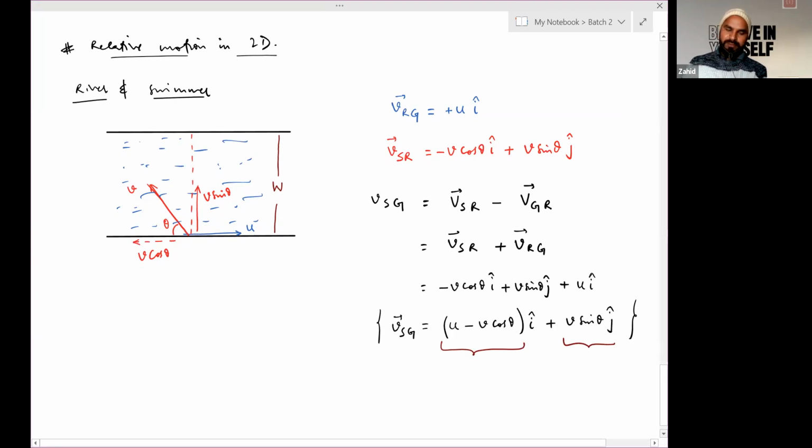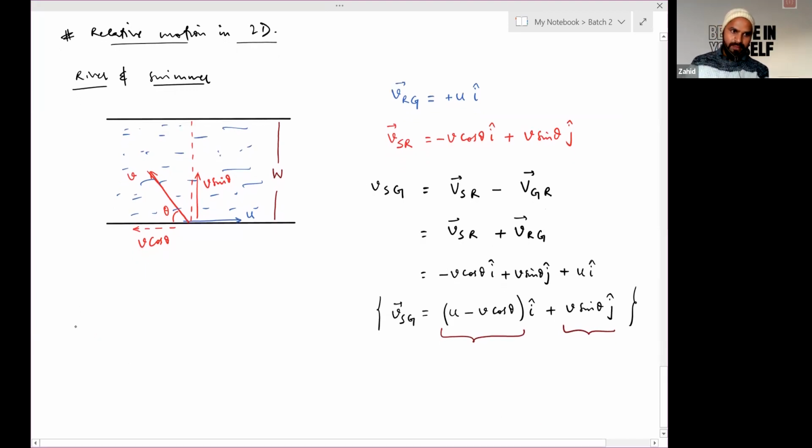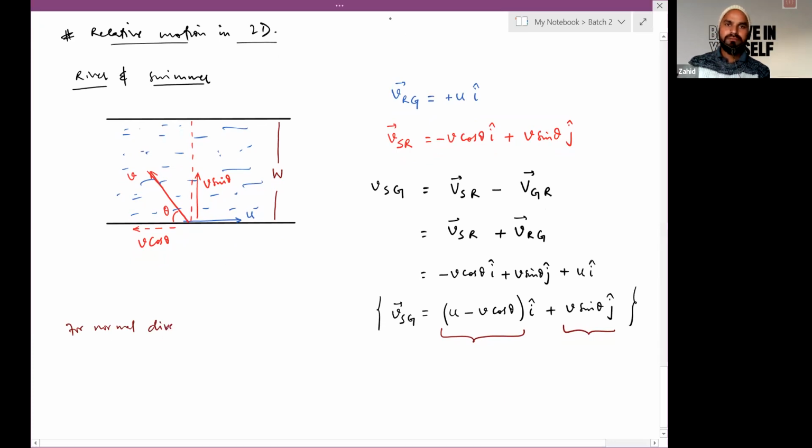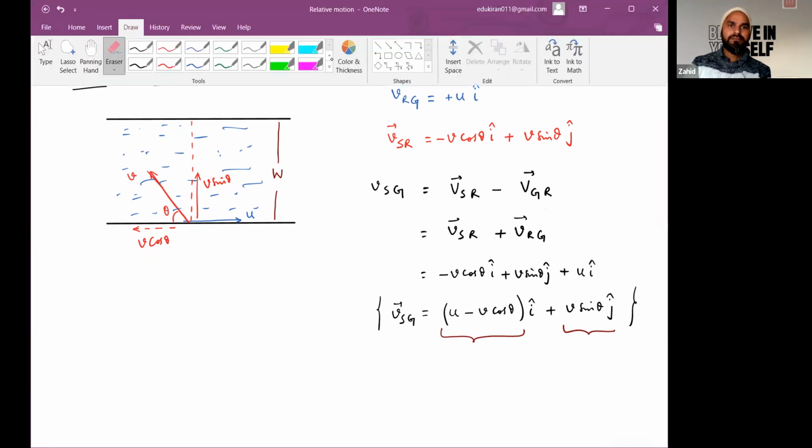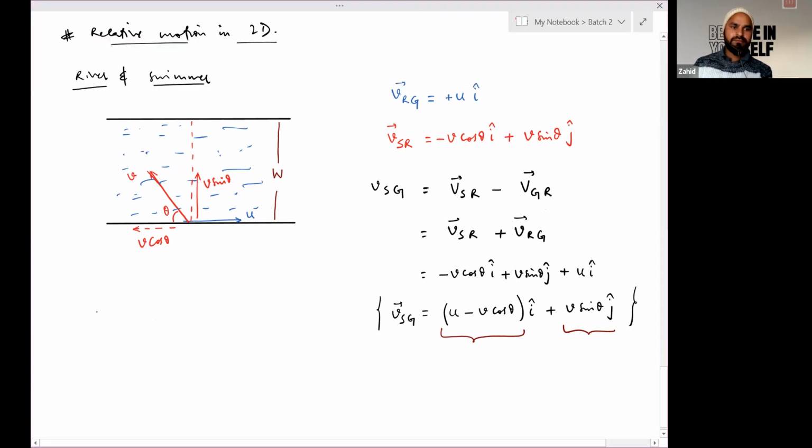So first term will be for normal dive. First, time taken to cross river.